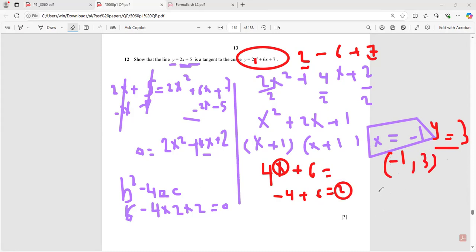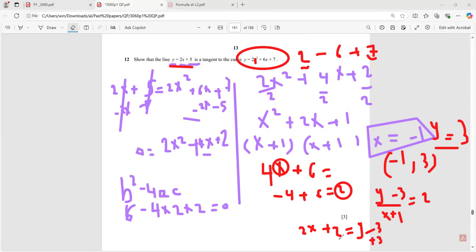So we say that y minus 3 over x plus 1 will be equal to 2. So 2x plus 2 equals y minus 3. So we're going to flip it like this. So plus 3, plus 3.